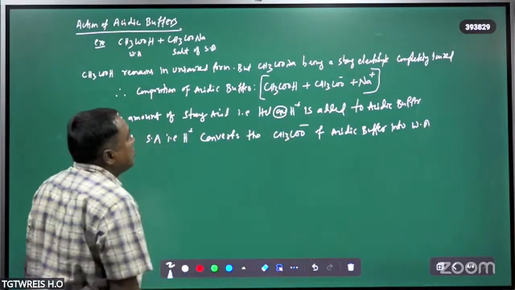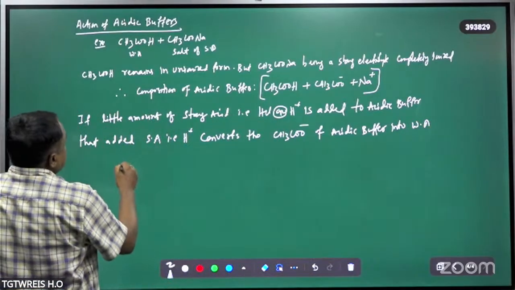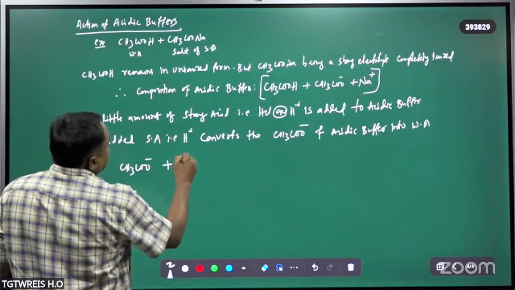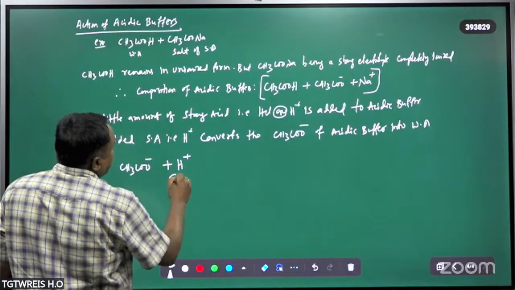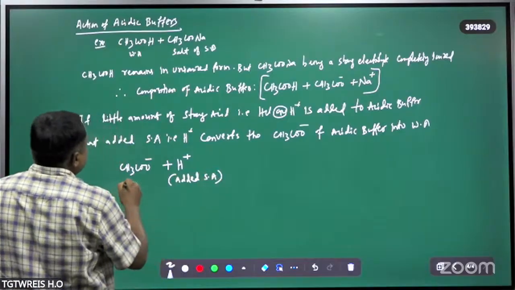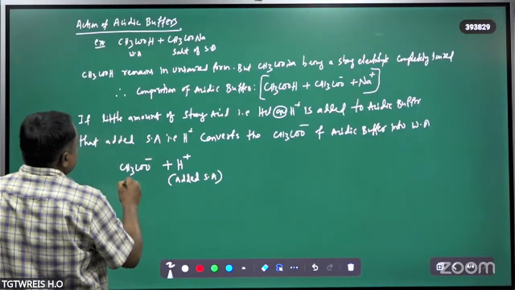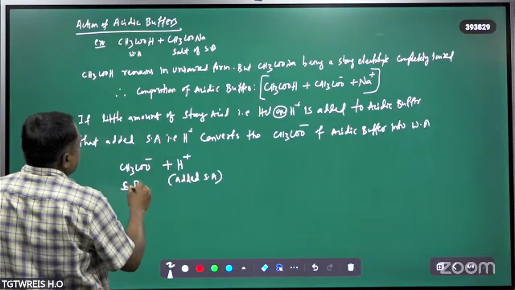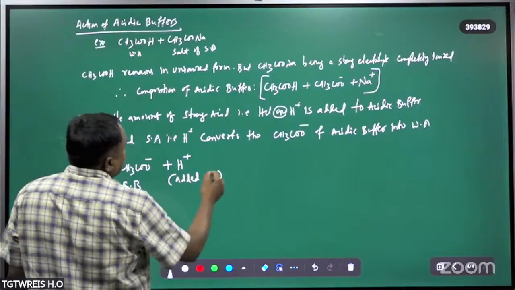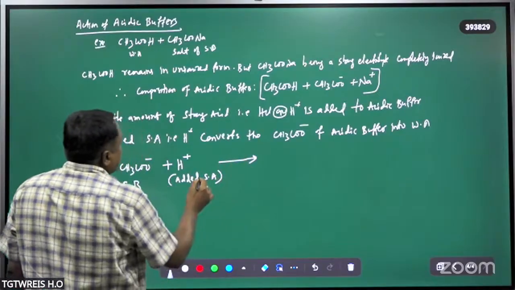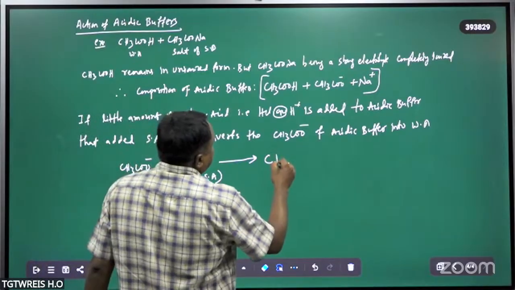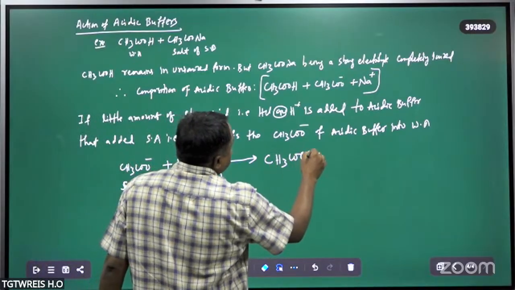For example, CH3COO minus plus the added strong acid H plus. This is the strong base of the salt of a strong base. This added strong acid converts it into the weak acid CH3COOH.